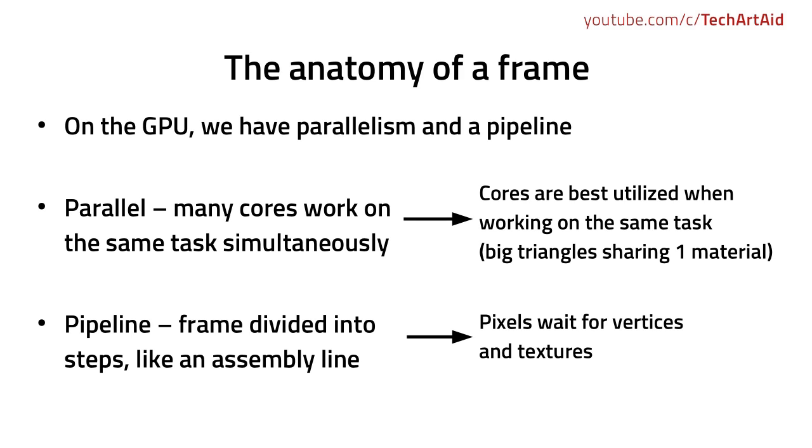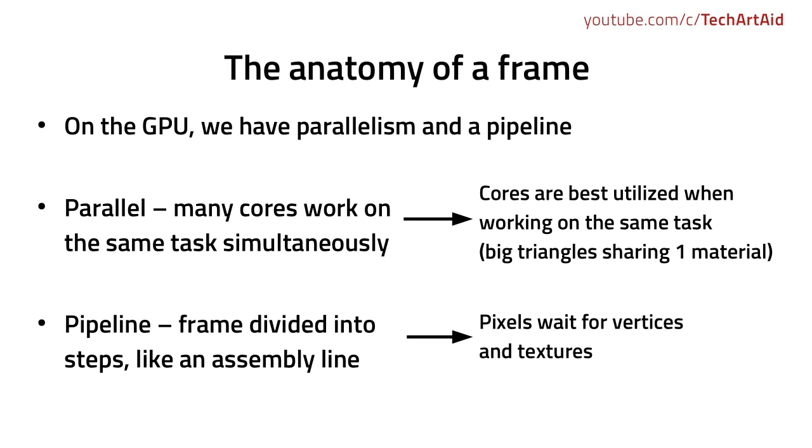On the GPU, we have the concepts of parallelism and the pipeline. If something is parallel, it means that multiple cores, hundreds or thousands of cores, work on the same task simultaneously. So obviously, cores are best utilized when they are working on the same task, for example, the same big triangle that is shaded with a single material. This is important because all cores assigned to a specific task on the GPU have to be exactly in the same place, for example, exactly the same moment of the shader.